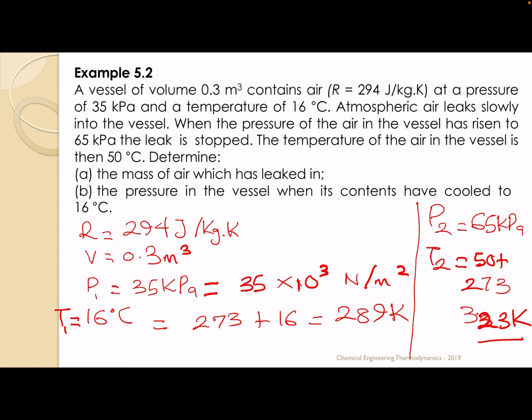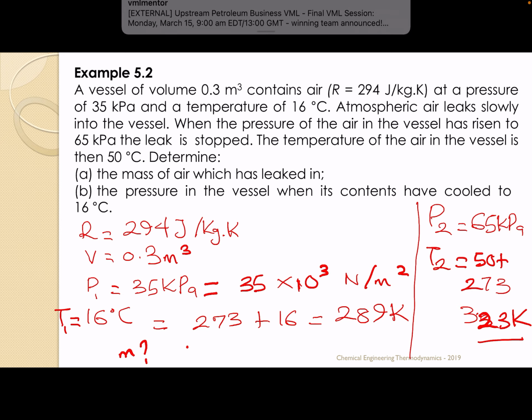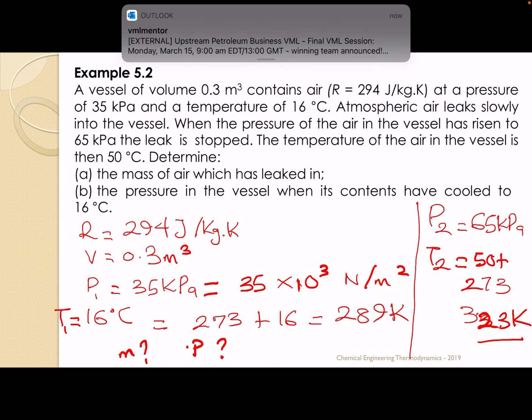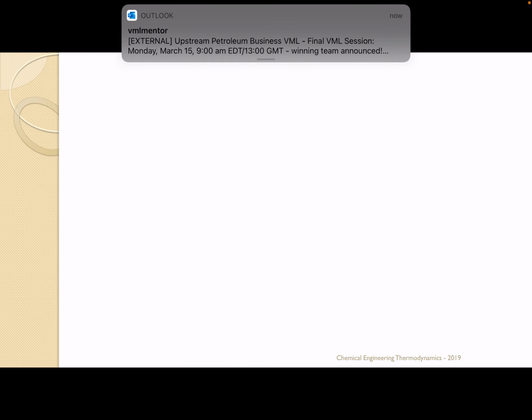Take note of that, the mass that has leaked in. So let's start. We are looking for a mass. We are also looking for a pressure. All right, so I haven't been given all those values.